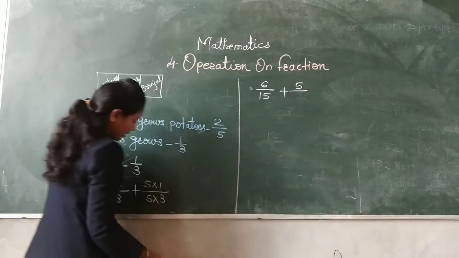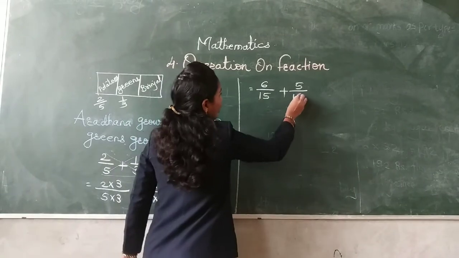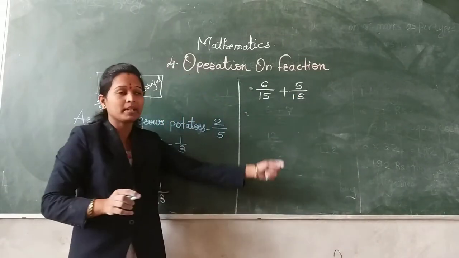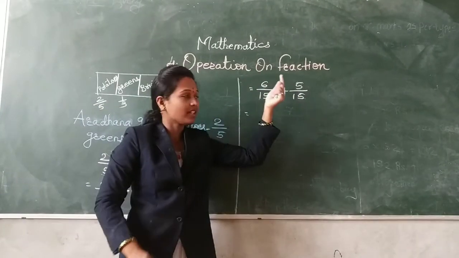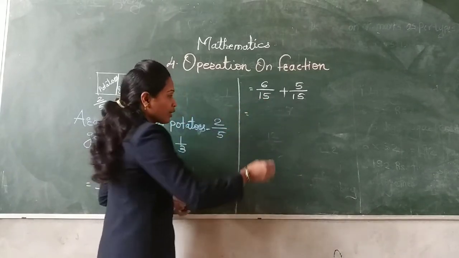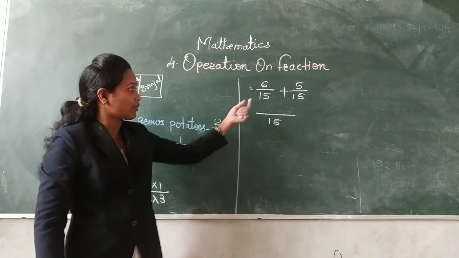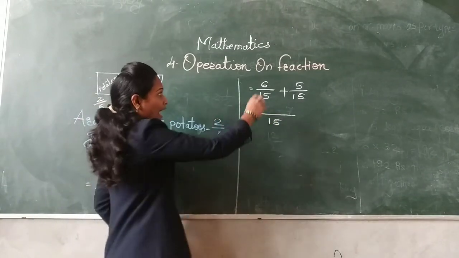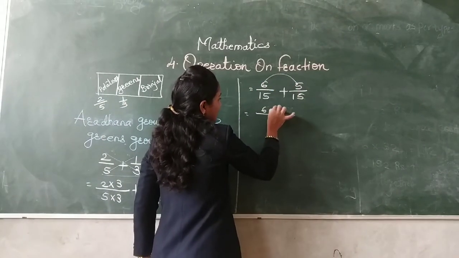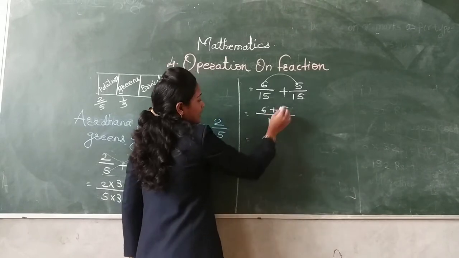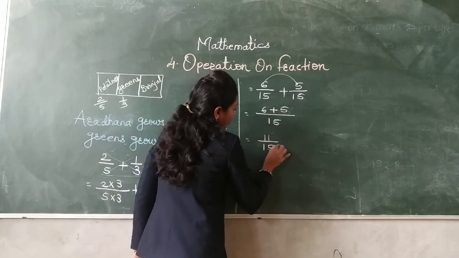Okay, if you observe here our denominators are same. Whenever denominators are same, we can write the denominator one time, that is 15, and in the numerator we have to do the addition, that is 6 plus 5, 11 upon 15.